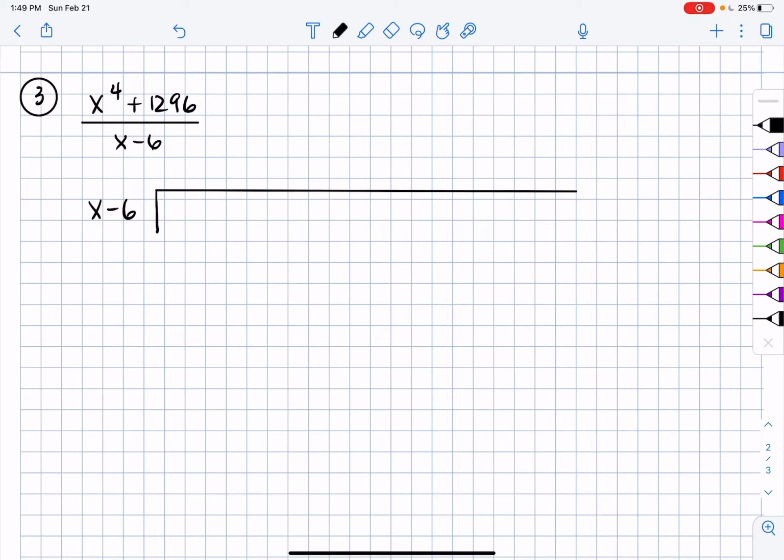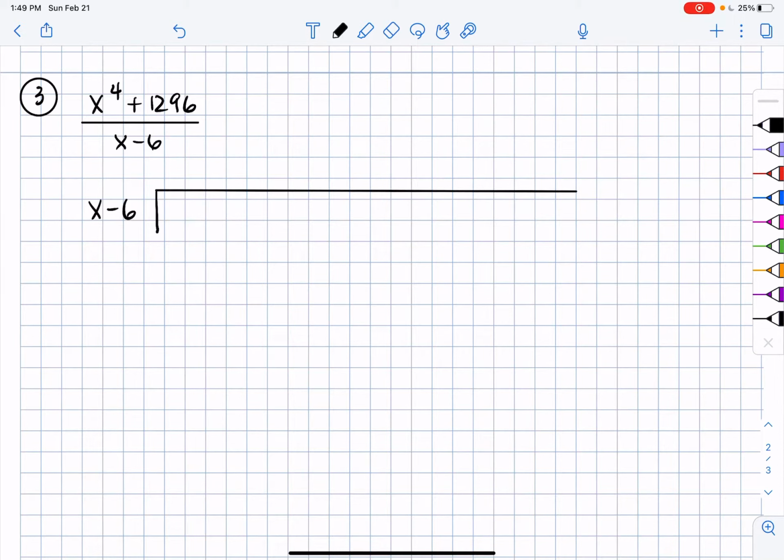Since the highest power is x to the 4th, I want something to take the spot of x to the 3rd, something to take the spot of x squared, something to take the spot of x. From the highest power all the way to the number, decreasing the power by 1. And those placeholders, I can't call them 1x to the 3rd or 1x squared or 1x. I have to call them 0.